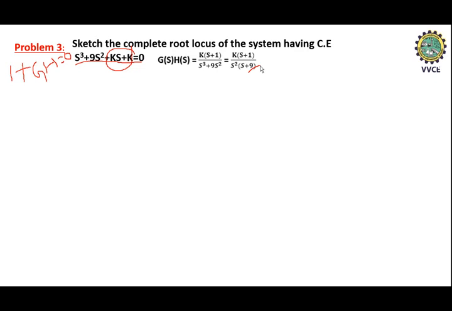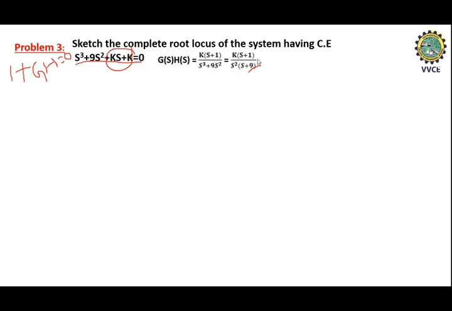Once you obtain this G(s)H(s), try to calculate 1 plus G(s)H(s). If you get the same expression as the given characteristic equation, then this open loop transfer function is correct, so you can verify that. Adding 1, it becomes 1 plus k into s plus 1 divided by s square into s plus 9.